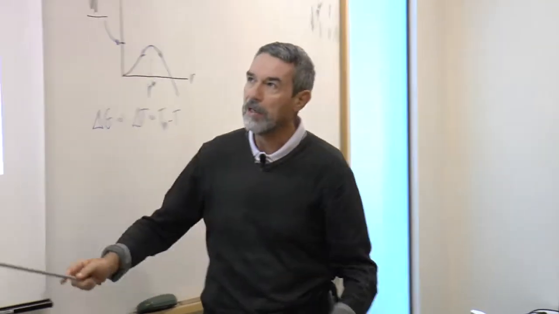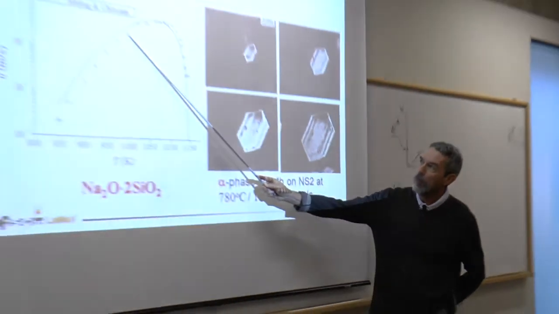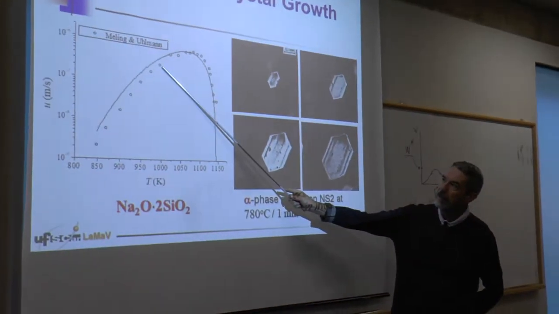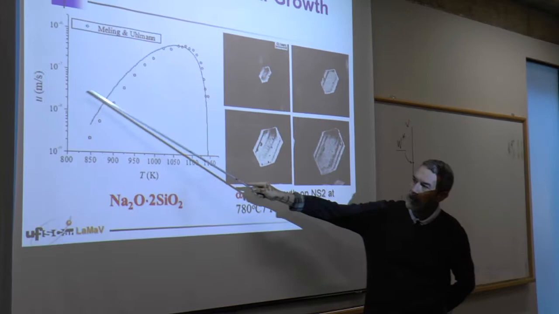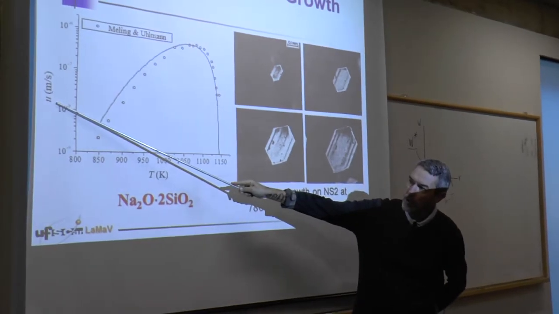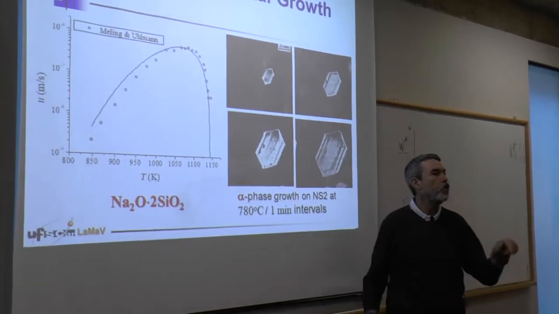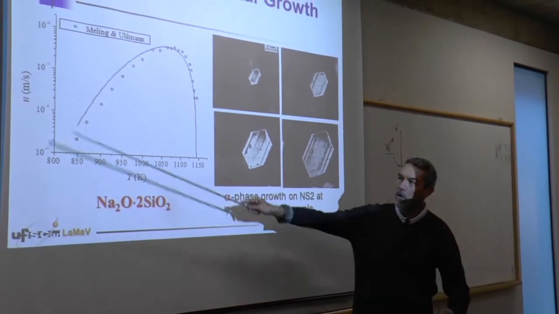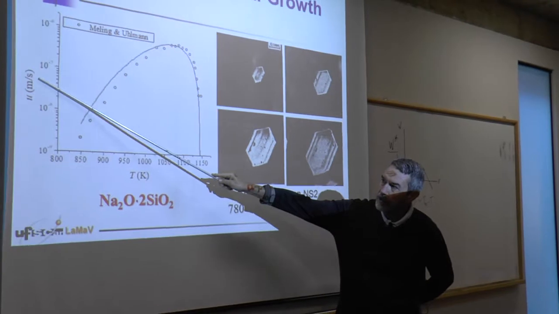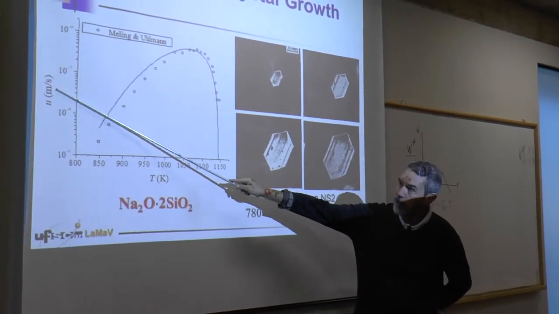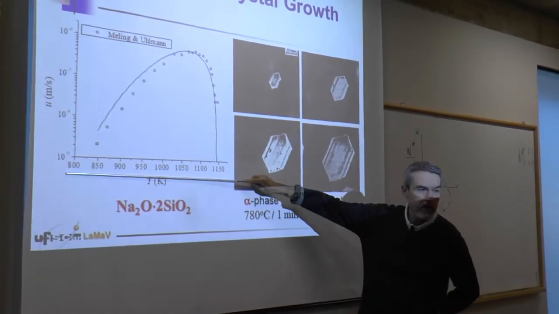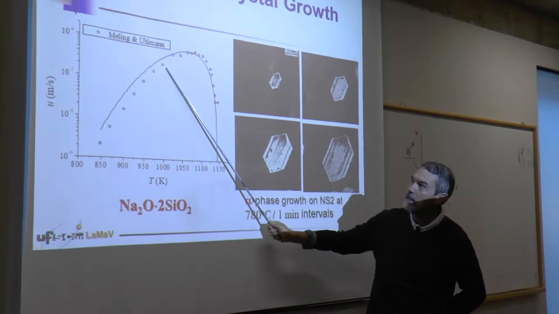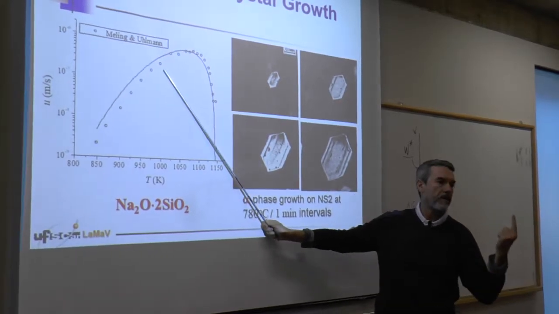So you come here and you have one data point in this plot. This is now the growth rate U. Some people call it U, other people call it V, but it's a growth rate in meters per second. Meters per second, temperature, one data point, one temperature.